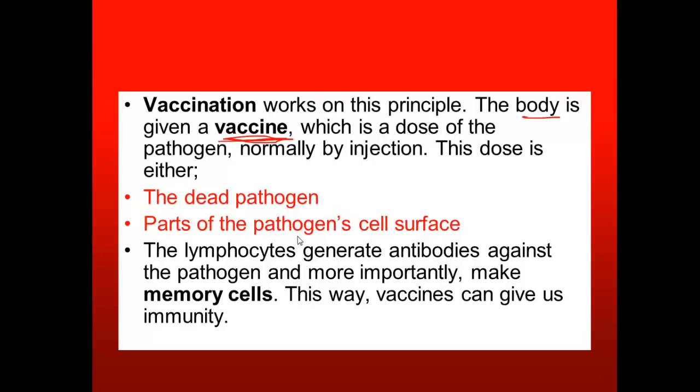Or you might chop the pathogen up and inject people with parts of the pathogen. Why do we do that? Well, the lymphocytes can generate antibodies against the surface of the pathogens. On the surface of every cell, there are substances called antigens.